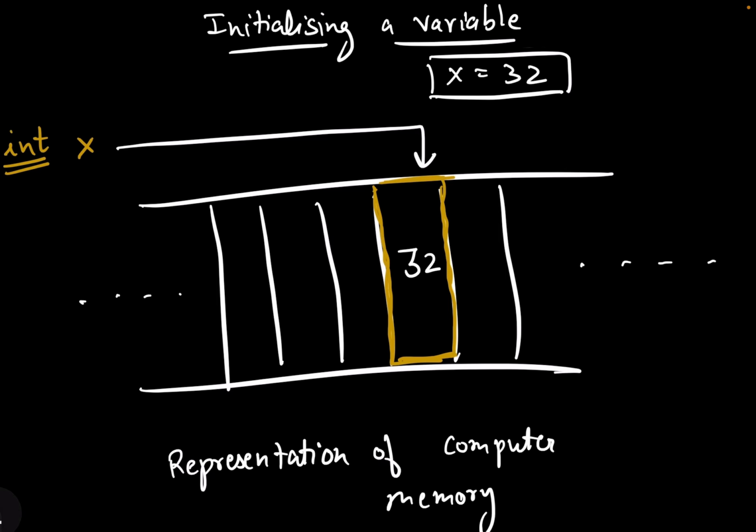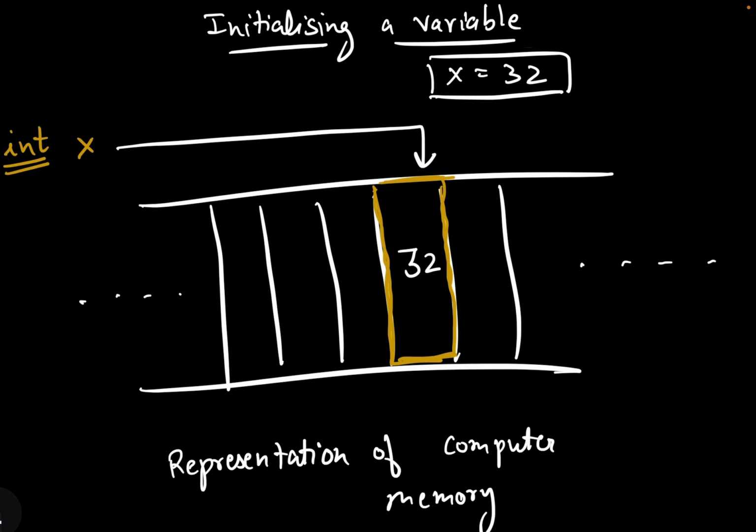So here we see that the x variable is pointing to this memory location in yellow. And when I write x is equal to 32, 32 is written into that memory location. This process is known as initializing a variable, which means giving the first ever data value into that variable, or into that memory location.